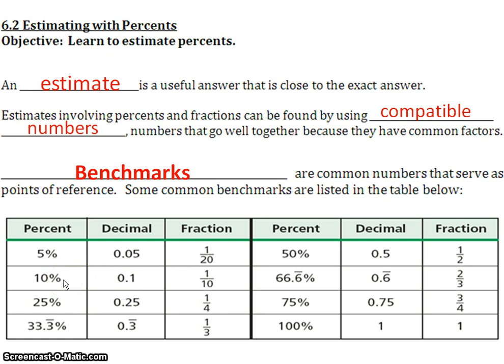When we know 10%, we can take half of that, and we end up with 5%. Two more useful benchmarks are 33 1/3%, which is 1/3 of the total. If I know that, I can double that to 2/3 of the total, which would be 66 2/3%.